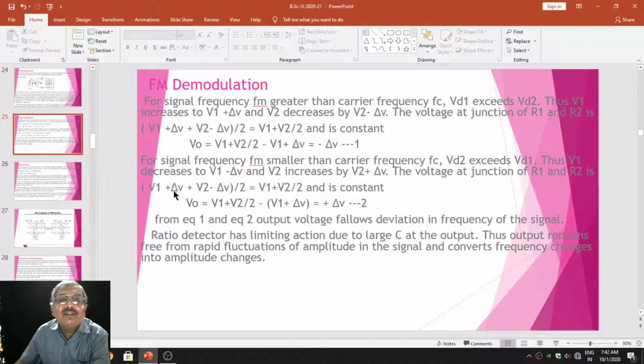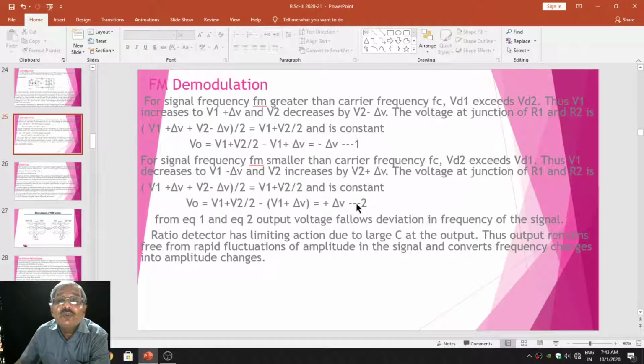Again delta V will cancel and it is (V1 plus V2) upon 2. Again it is constant. But the output voltage VO becomes equal to (V1 plus V2) upon 2 minus (V1 minus delta V). If we solve this, we will get plus delta V. Let me call it equation number 2.